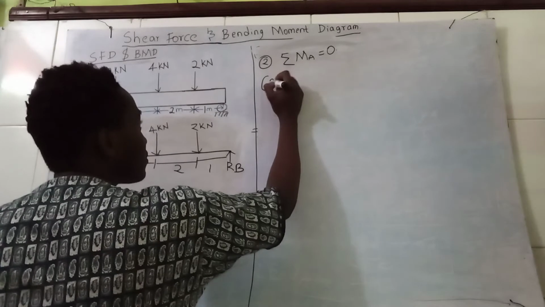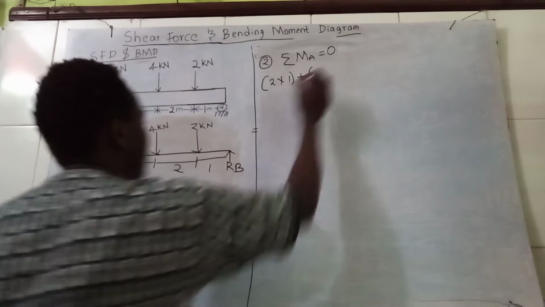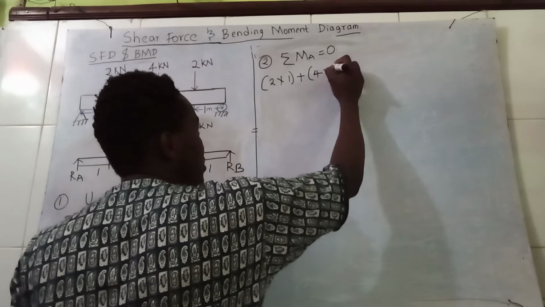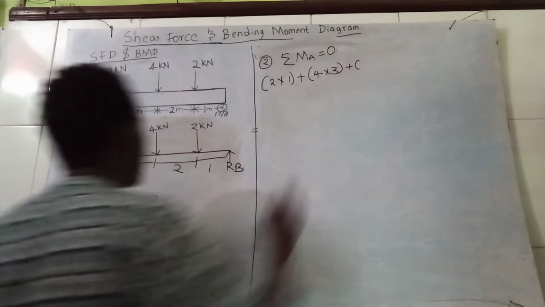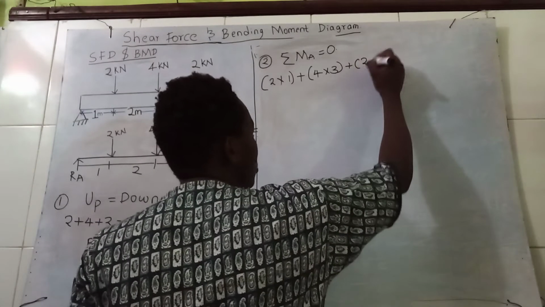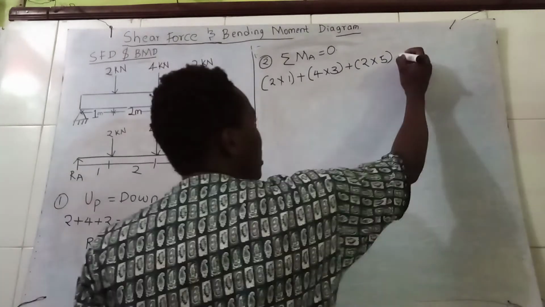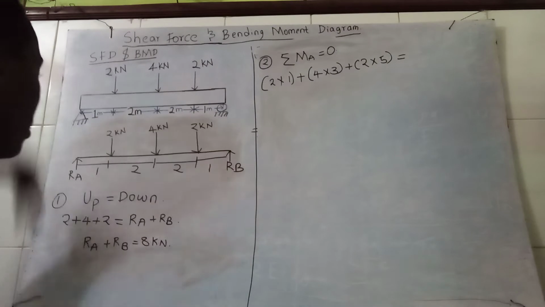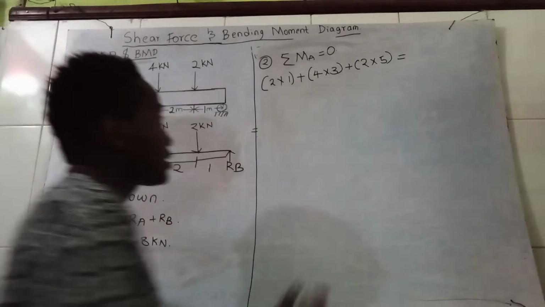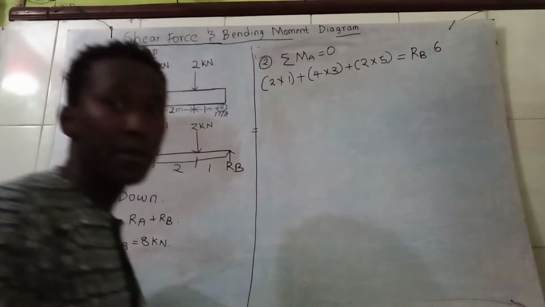So that is 2 multiplied by the distance 1, plus 4, 2 plus 1, 3, 4 times 3, plus 2 multiplied by 2, 2 and 1, that is 5, 2 times 5, which is no other force, is equal to the anti-clockwise moment, that is going to be RB times this whole distance, which is 6, RB multiplied by 6.